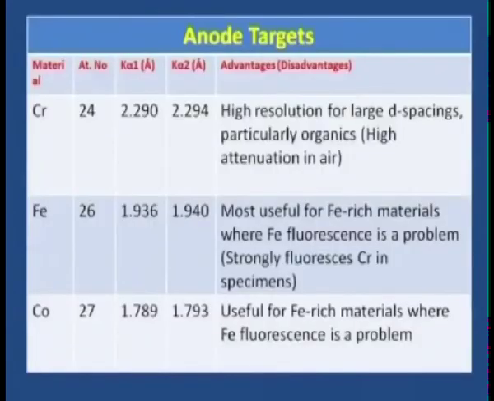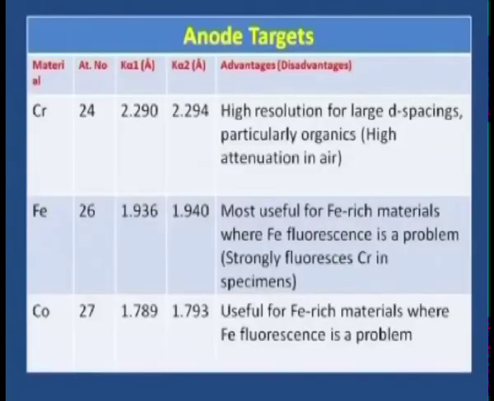Then comes the targets which are generally used, and the advantages and disadvantages of various targets. I will not go into great detail of those, but let us emphasize the materials used. The targets are made of either chromium, iron or cobalt.